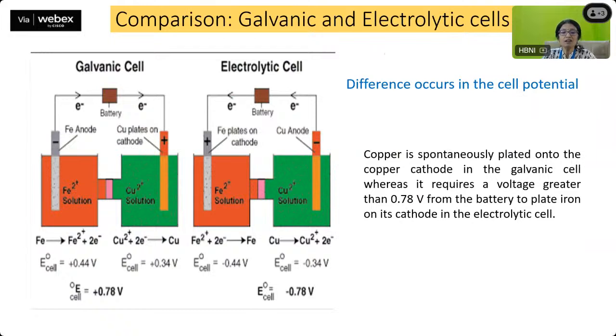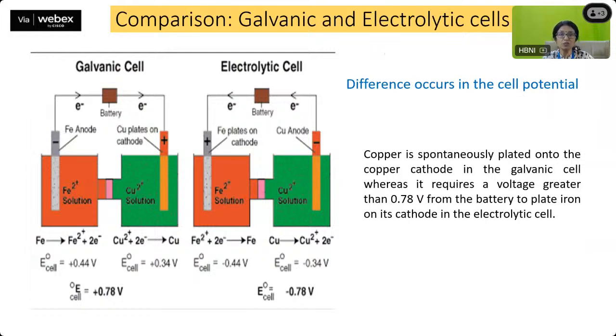So what is the comparison when we look at the galvanic and electrolytic cell? The difference occurs in the cell potential. If you have a galvanic cell, you see the E0 cell over here is plus 0.78 volt. Whereas when you have an electrolytic cell, this E0 cell is minus 0.78 volt. So automatically you know that for an electrolytic cell the delta G value is positive. So the reaction is not spontaneous.